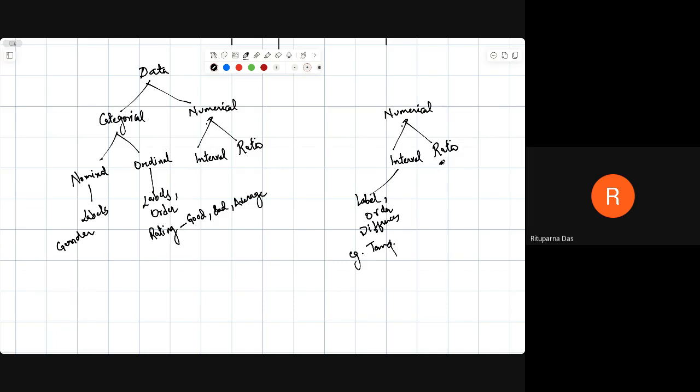In ratio data, it has an absolute zero, so you can take ratios. Usually, like measurement of something, say length.